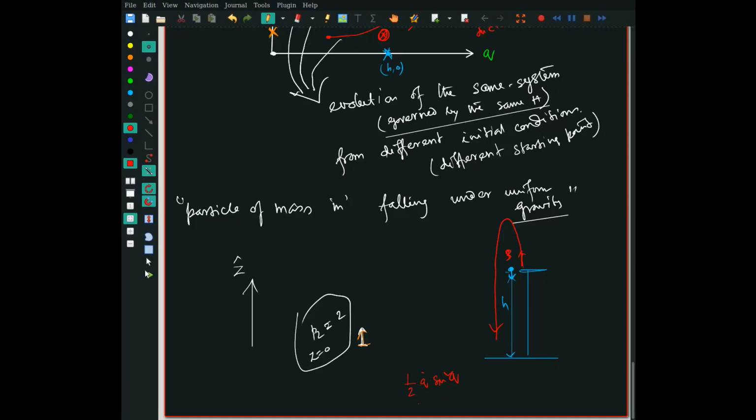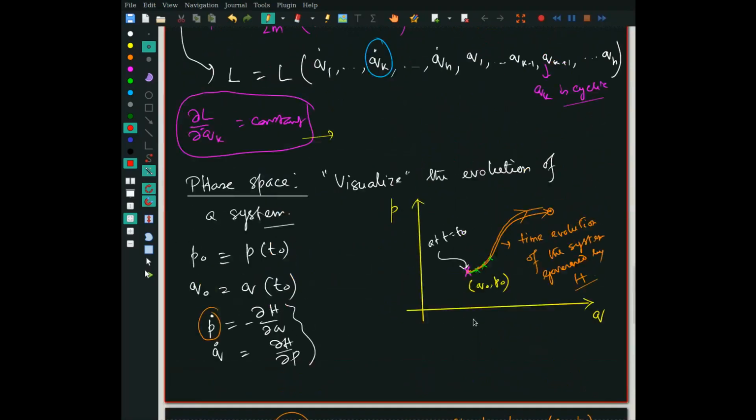Okay, sir. All right. Anything else? Sir, just show the upper slide before phase space, just before phase space.